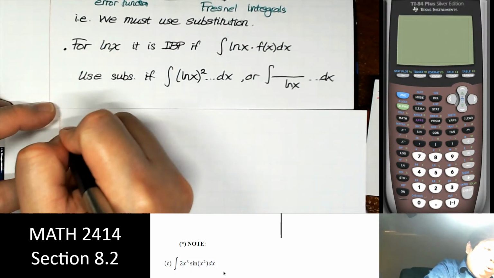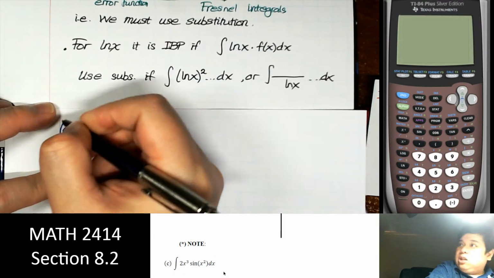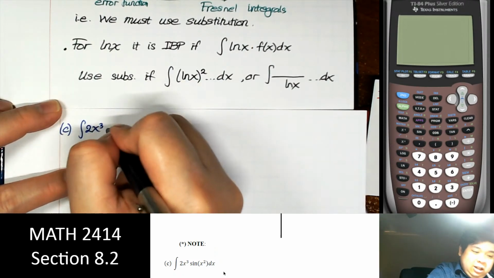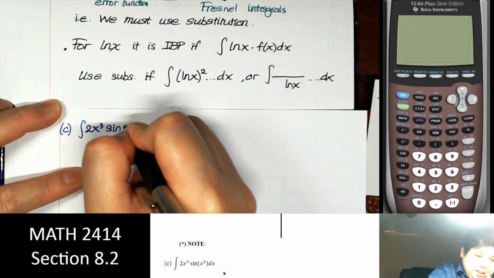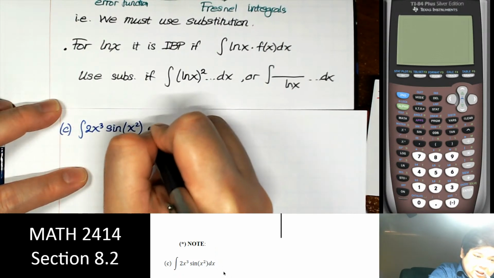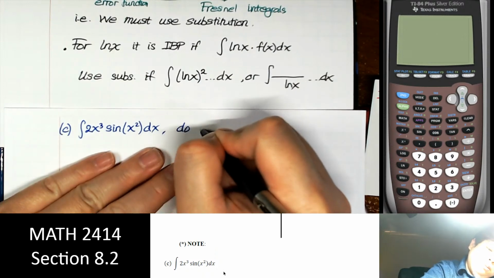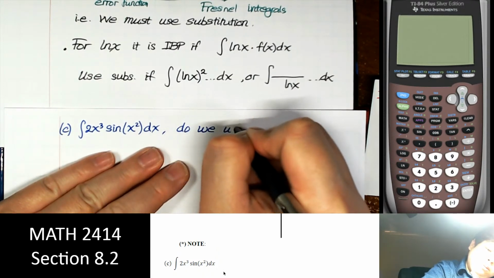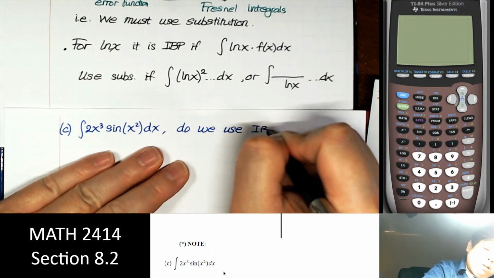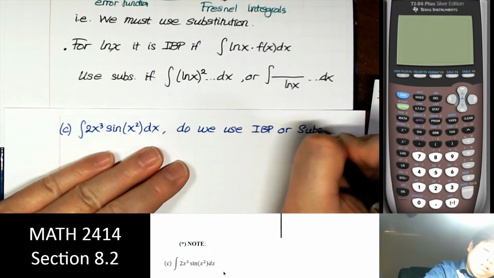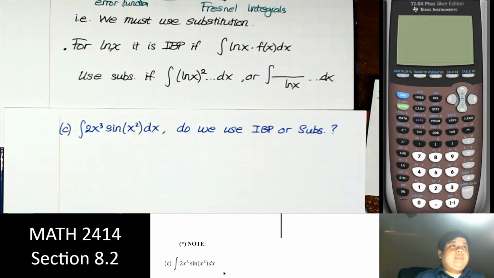Right. We will not do the next one, but I just want to ask you this. Let's say we have this problem: 2x cubed sine of x squared. So on this one, do we use integration by parts or substitution? Right.